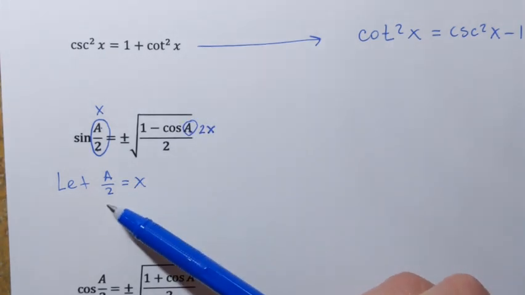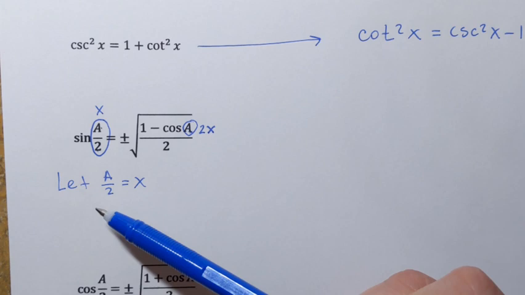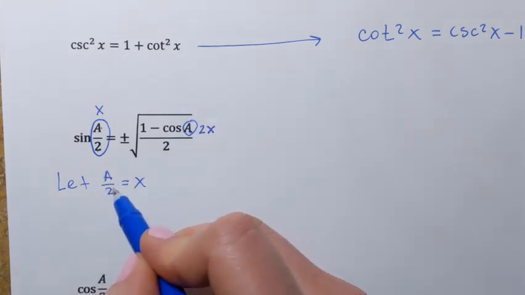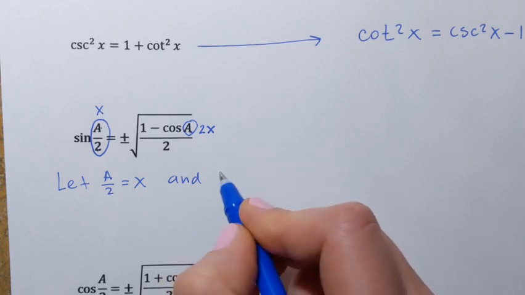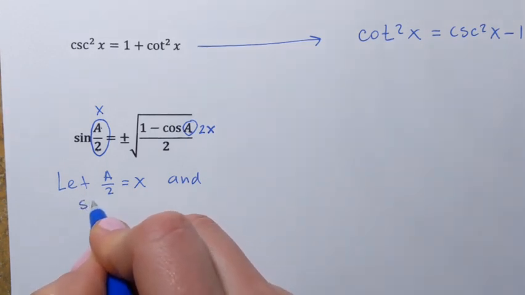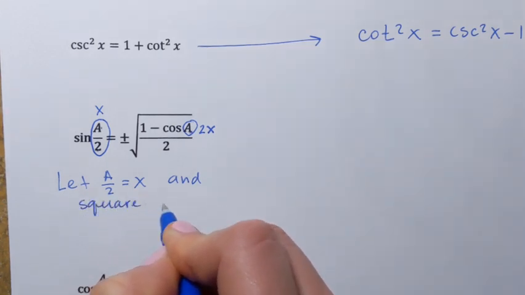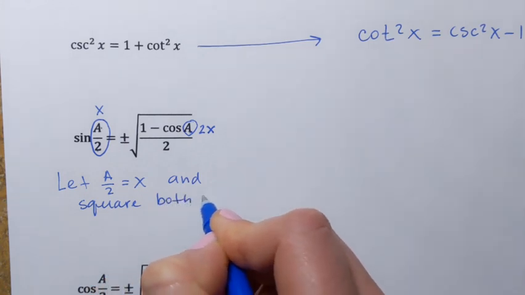Right? And now I will also square both sides. So let a over 2 equal x, and then square both sides.